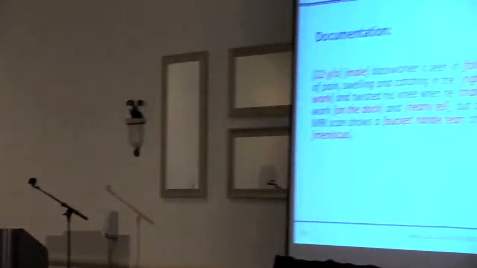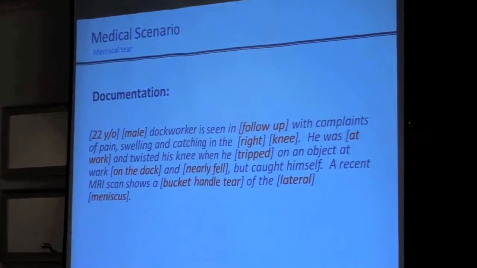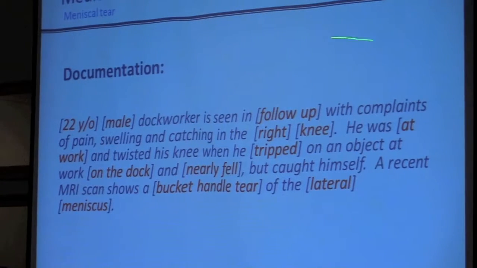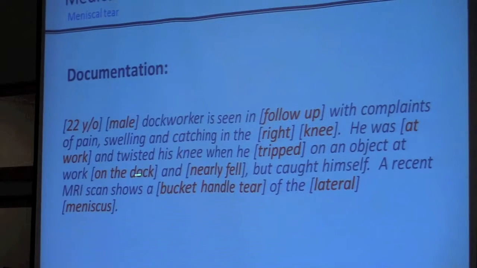All right, meniscal tear. So we have a 27-year-old male dock worker who's seen in follow-up with complaints of pain, swelling, and catching in the right knee. He was at work, twisted his knee when he tripped on an object on the dock and nearly fell, but he caught himself, and a recent MRI shows that he has a bucket handle tear of the lateral meniscus.